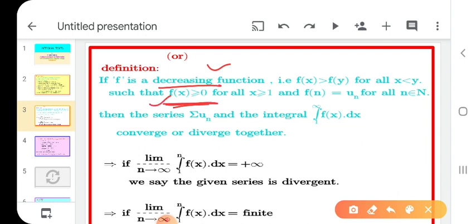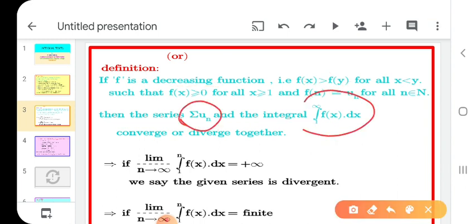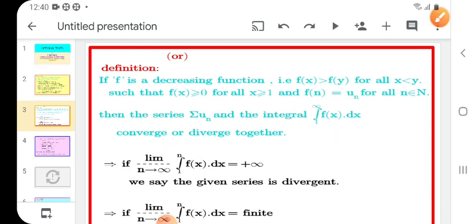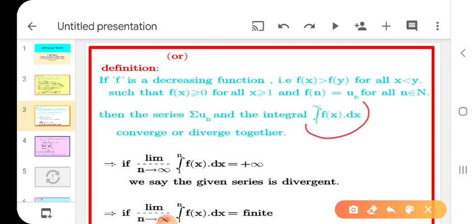Then we take un as f of n. Next, the series summation un and the integral from 1 to infinity f of x dx converge or diverge together. Together means both. If integral f of x dx converges, then automatically summation un also converges.